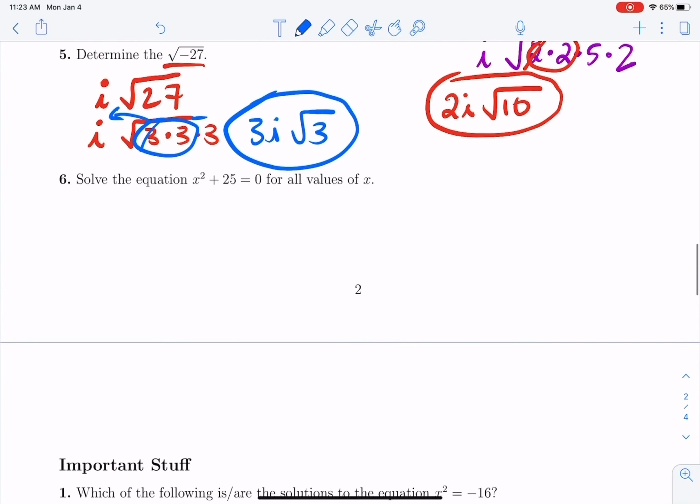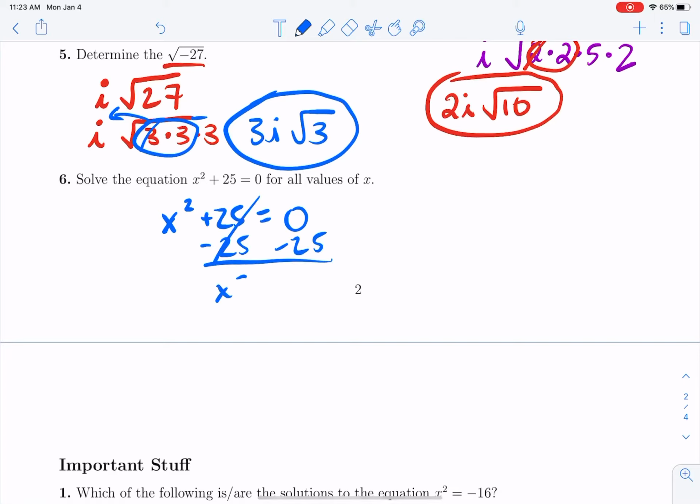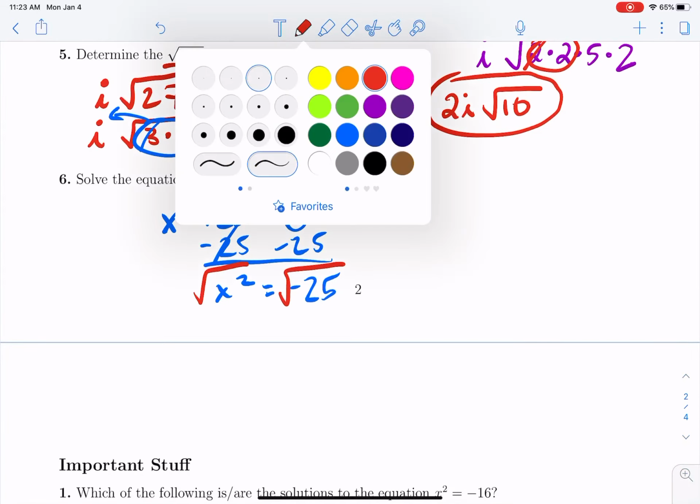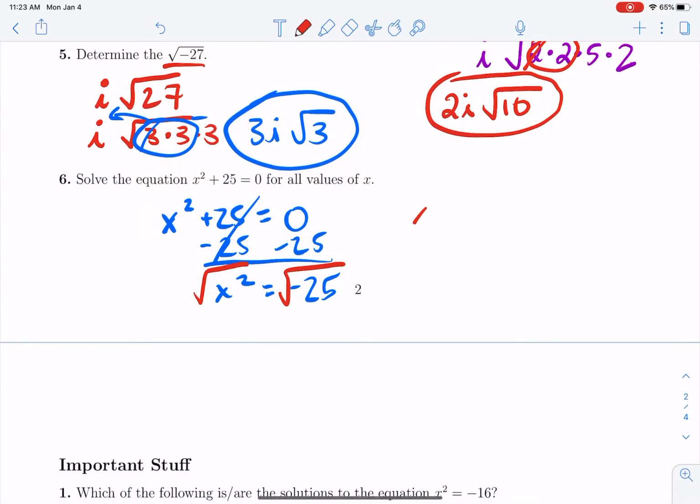All right, solve the equation x squared plus 25 equals 0 for all values of x. So this is just slightly different, but connected to that very first problem we did. If I solve this for x, get x squared equals negative 25, but now if I square root both sides, I'm going to get x equals, now remember we have to have two solutions here, positive or negative.